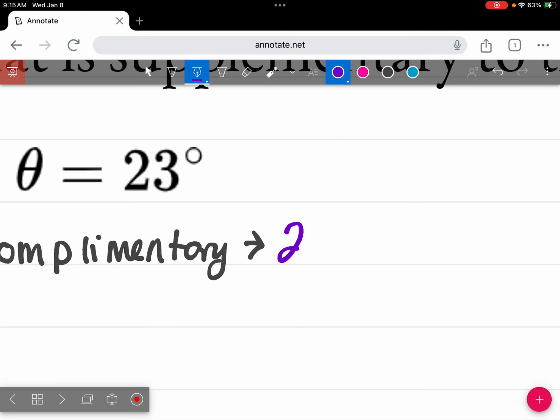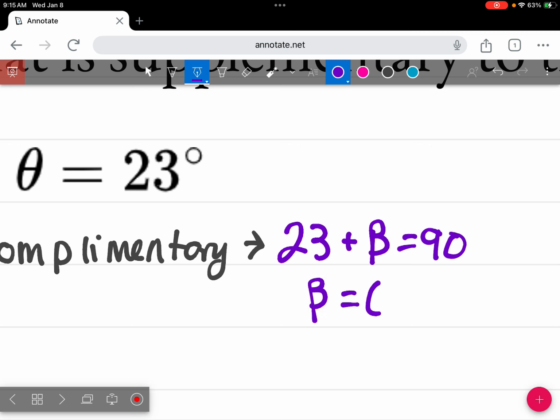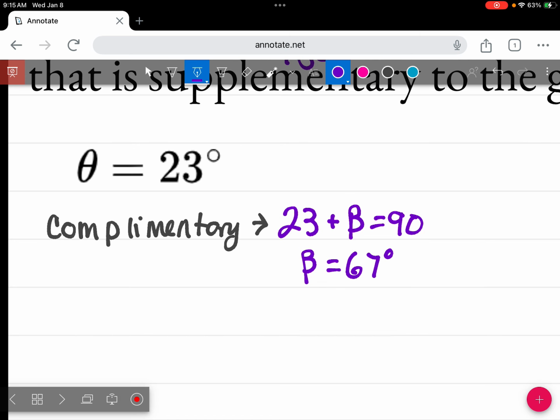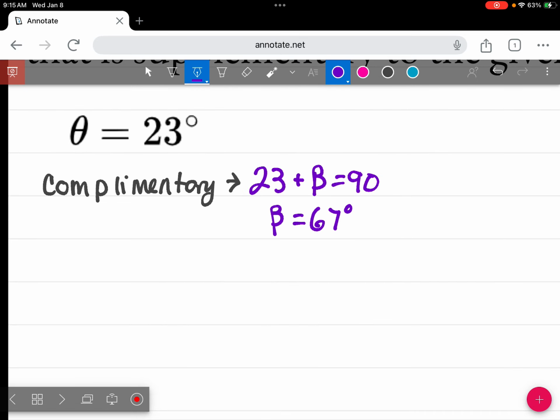We want to know 23 plus what? I'm going to use a Greek letter because we're talking angles, is 90. So our angle is going to need to be 67 degrees. You can use whatever letter you want. If you want to use X, that's fine with me. But I'm going to use Greek letters.